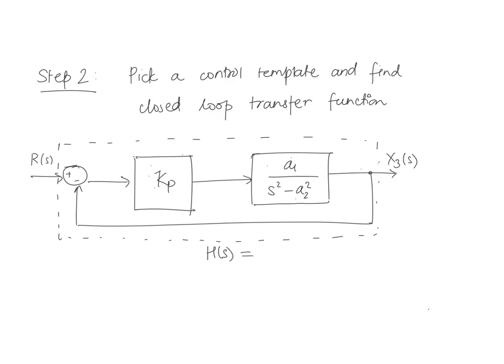You will find that h of s will have some numerator, which we won't worry about just yet, but it will have some denominator, which in this particular case will work out to a quadratic denominator involving the parameters to be designed. So in this case, Kp, and maybe Kd if you pick a PD control.